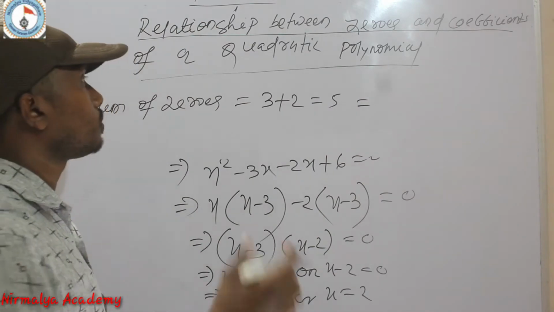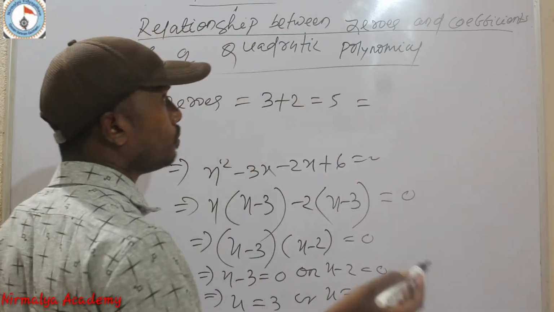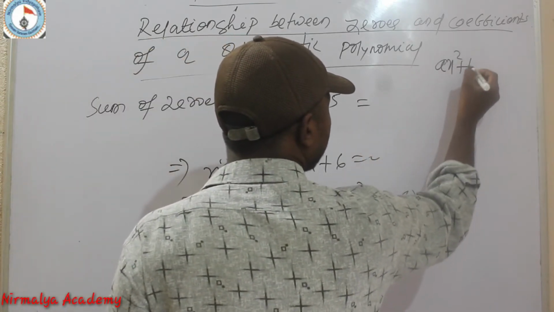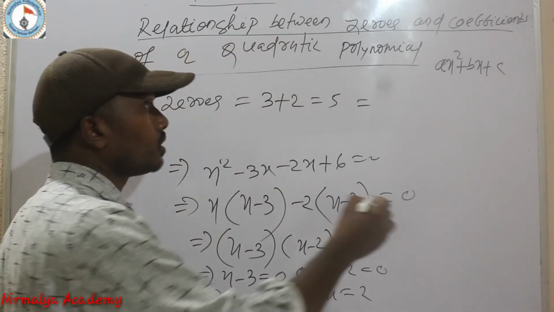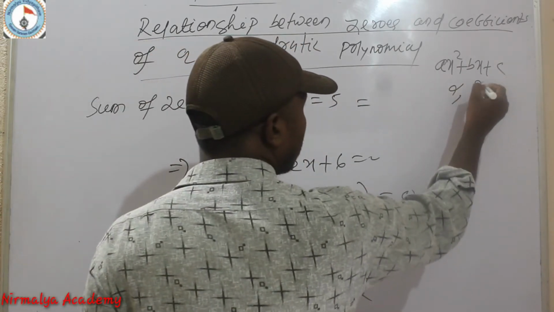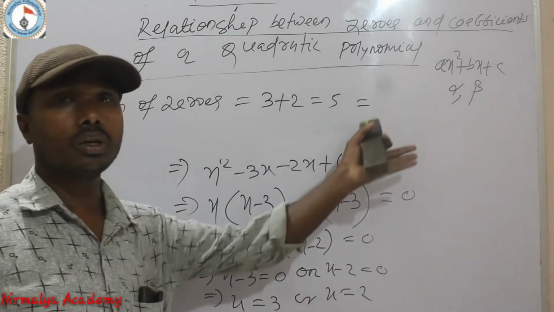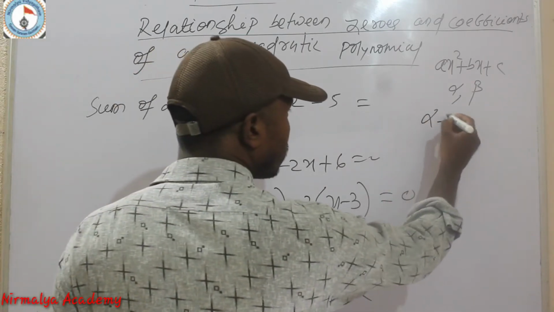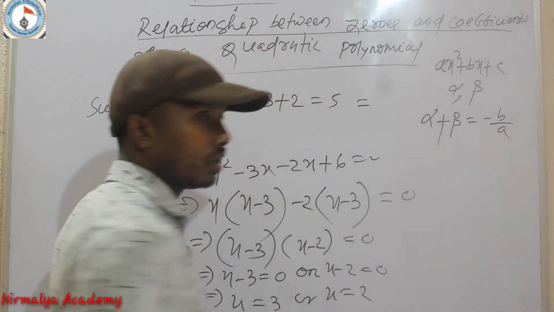Actually, the sum of zeros of a polynomial is always minus b by a. As you know, the general form of a quadratic polynomial is ax square plus bx plus c. Let its zeros be alpha and beta, because there are only two zeros for a quadratic polynomial. So their sum is always alpha plus beta equals minus b by a.